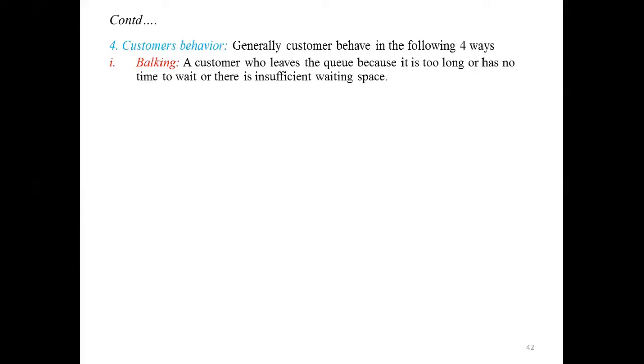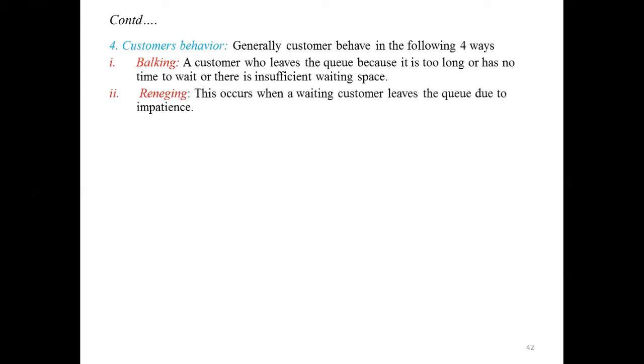That means in supermarkets, petrol bunks, or in collecting a ticket at a railway station, if the queue is too long, then the customer may go back without getting service. It is known as balking.